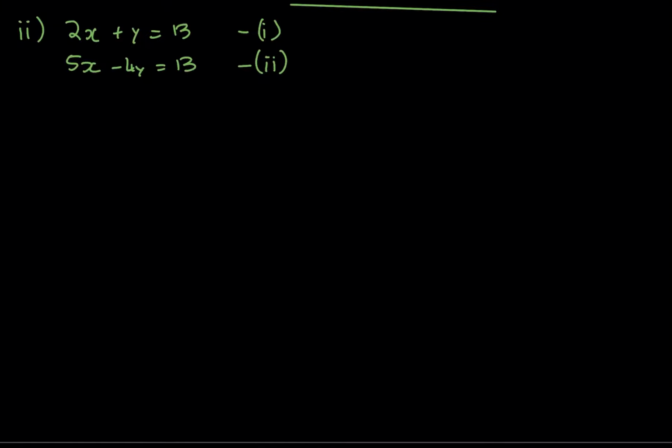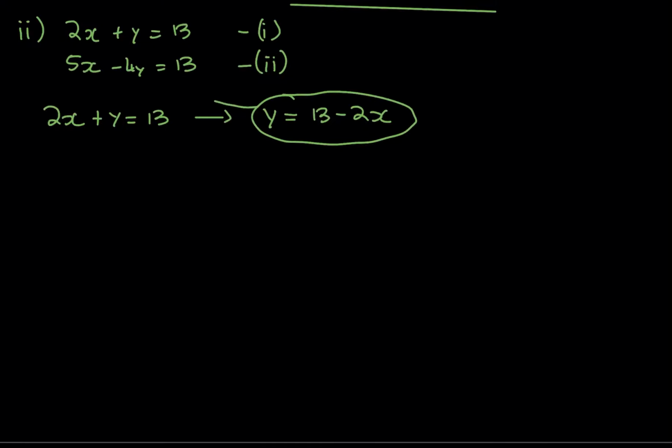In this question, I'll pick the first equation, and it looks like making y the subject of the formula would be easier. So y is equal to 13 minus 2x. Now I'm going to take this y and substitute it for the y in the second equation.